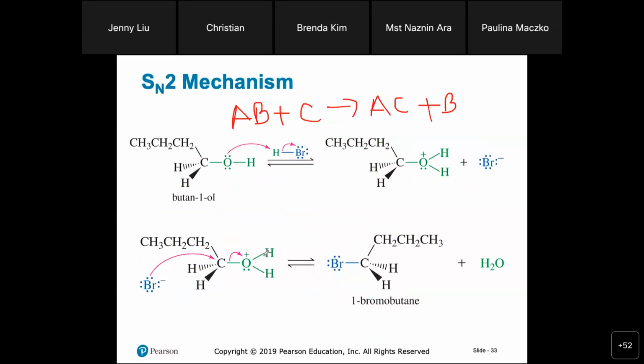And in the substitution 2 mechanism, it is 2 because this reaction depends on the concentration of both reactants. Second, we saw that this is a direct, fast, single-step, straightforward reaction.